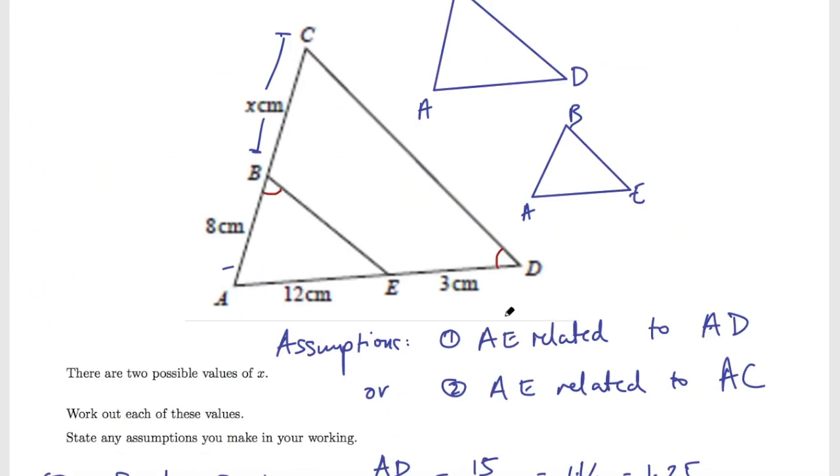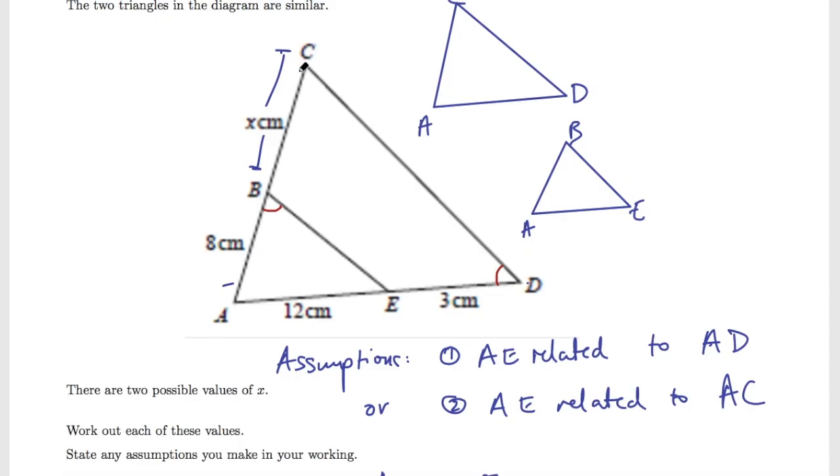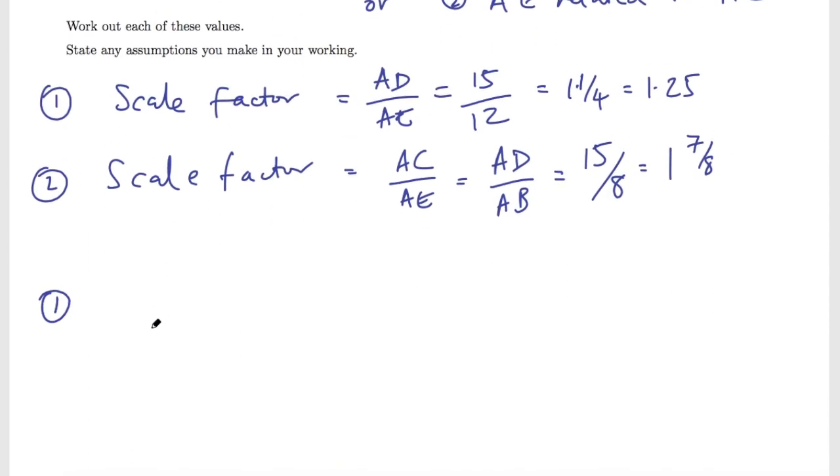So in the case of my first assumption, if AE is related to AD, then we need to enlarge AB by the scale factor 1 1/4 to get AC. So essentially, 8 times 1.25 is going to be equal to 8 plus x.